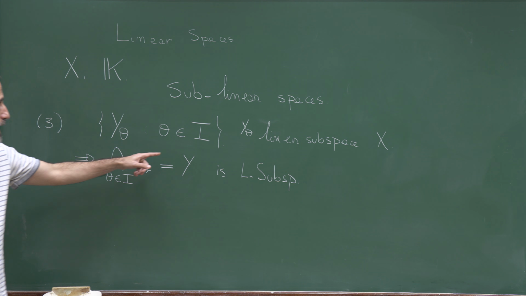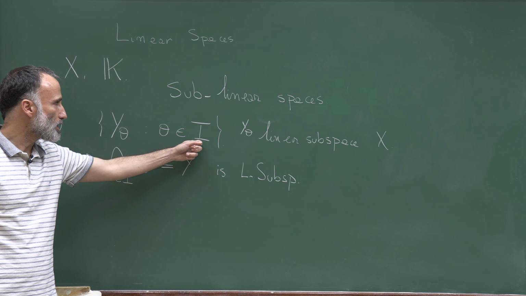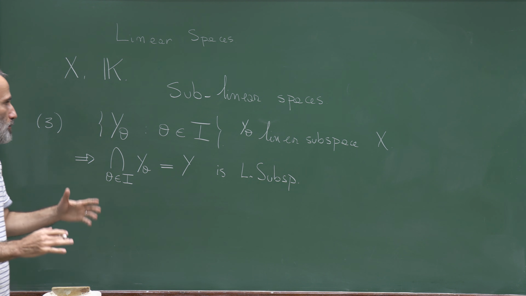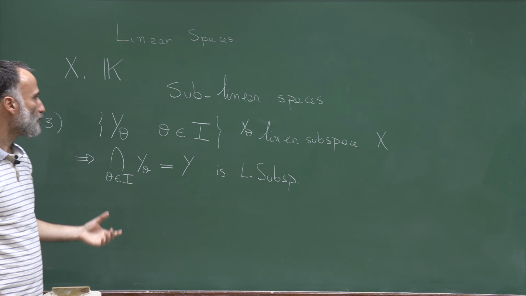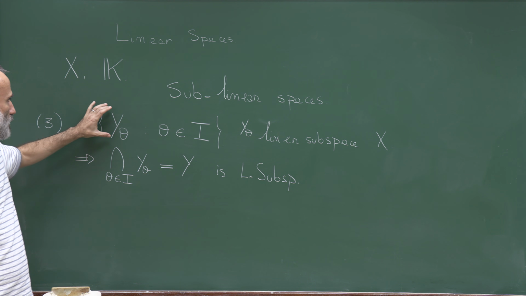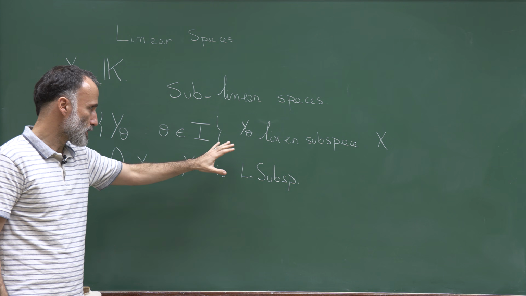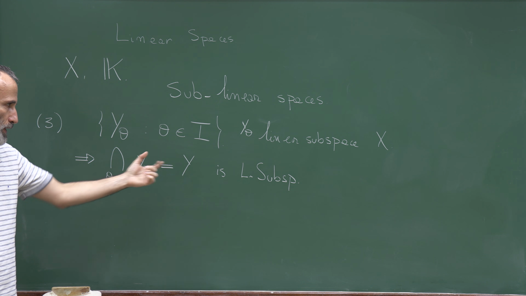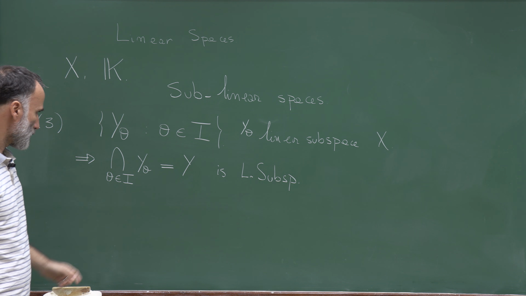So mind that I'm not assuming that I is countable. I'm just taking any set I, and what I'm saying is that if each set is a sublinear space, then the intersection is also a sublinear space.